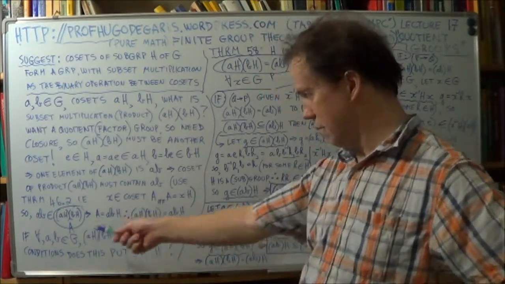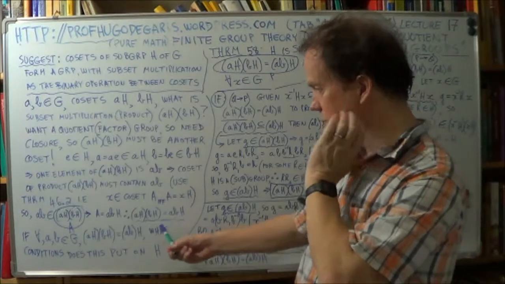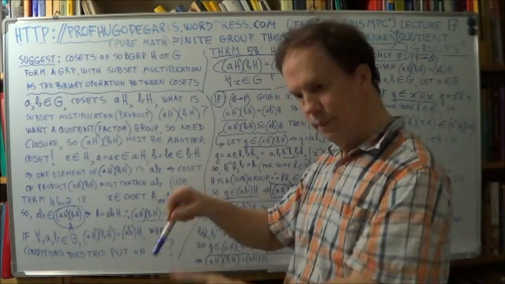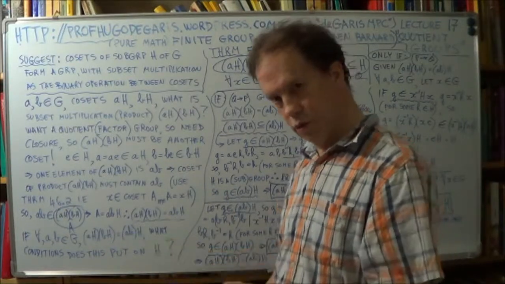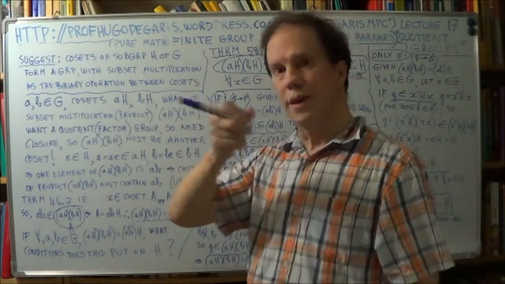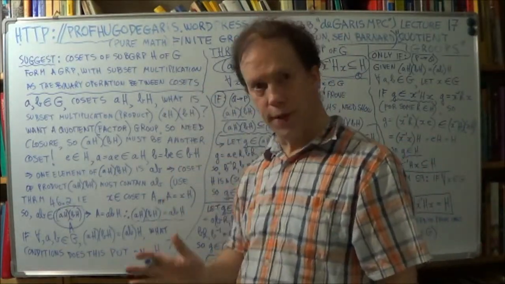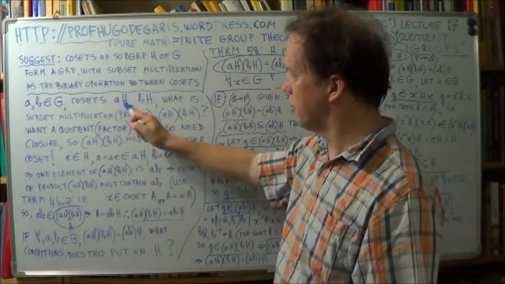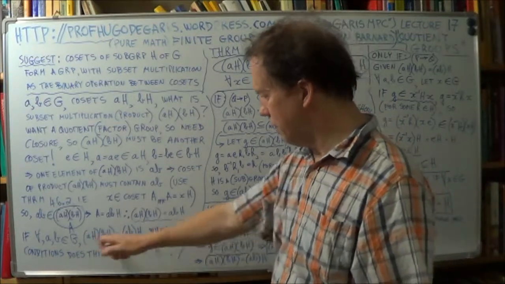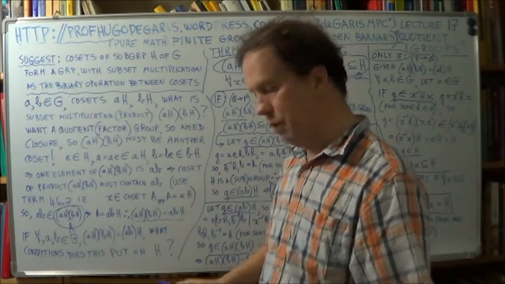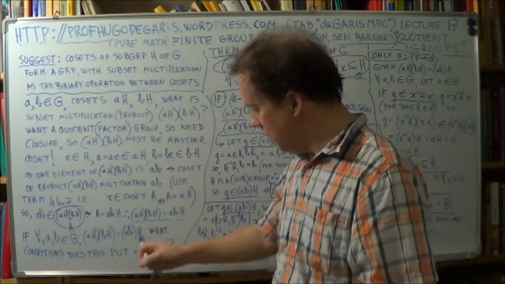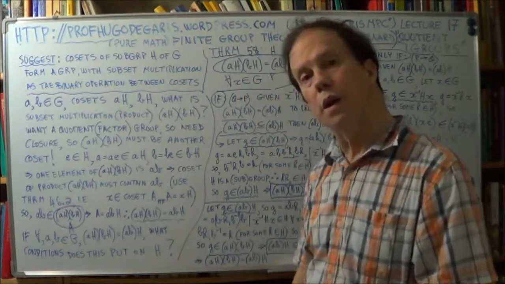So if that's true, what conditions does that put on H, the subset? That's now the lead-in. So now we know what the resulting coset should be in the group table of our quotient group, where the elements of that quotient group are cosets. Cosets are based on your subgroup H. But for this to be true, that probably puts conditions on properties of H, which are what?